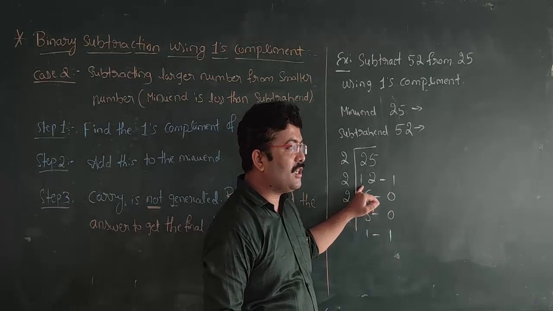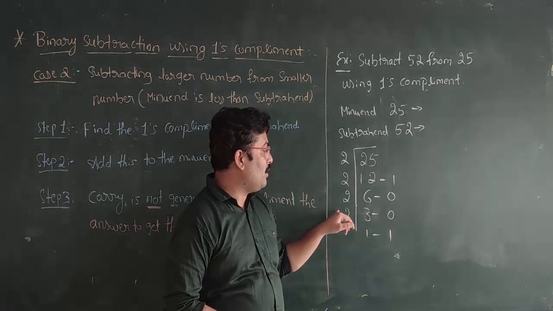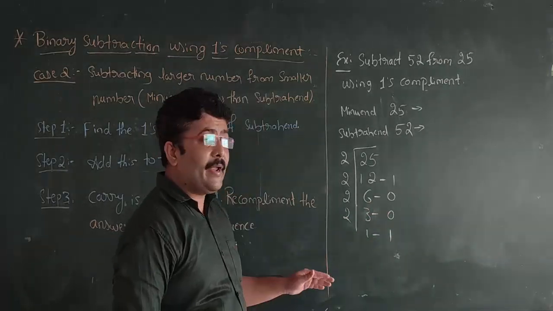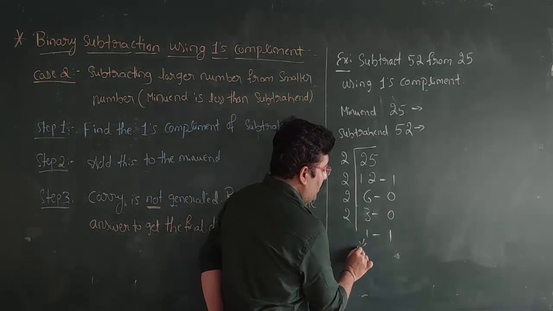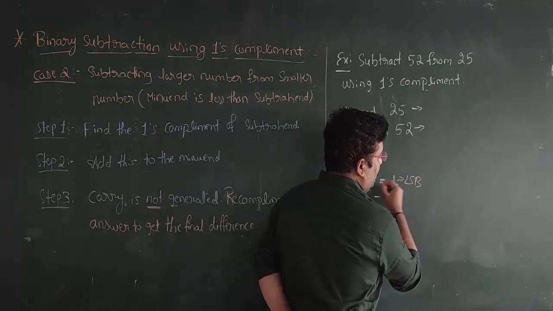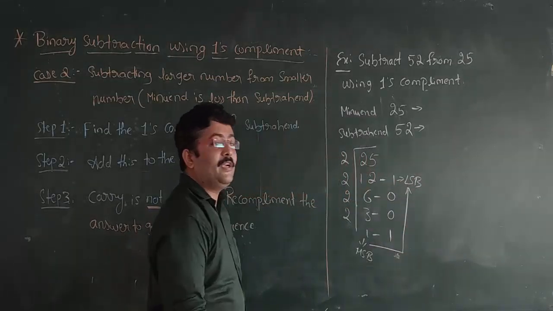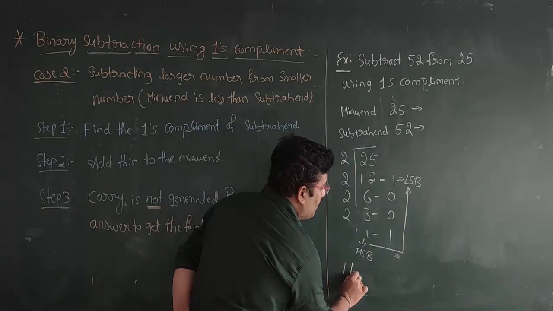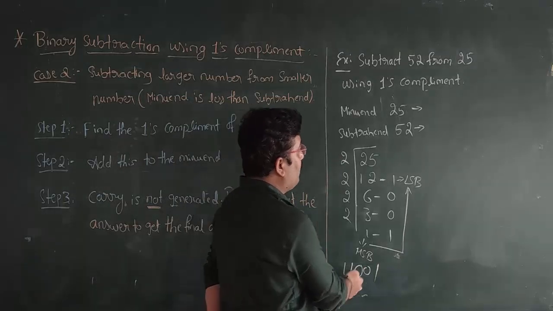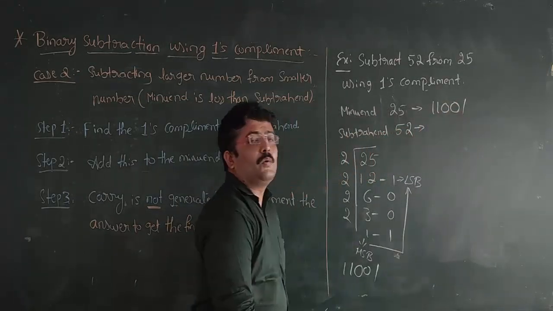Next, 2 6s are 12, remainder is 0. 2 3s are 6, remainder is 0. And 2 1s are 2, remainder is 1. This is my MSB and this is my LSB. So the binary number from MSB to LSB is 11001. The binary number of 25 is 11001.